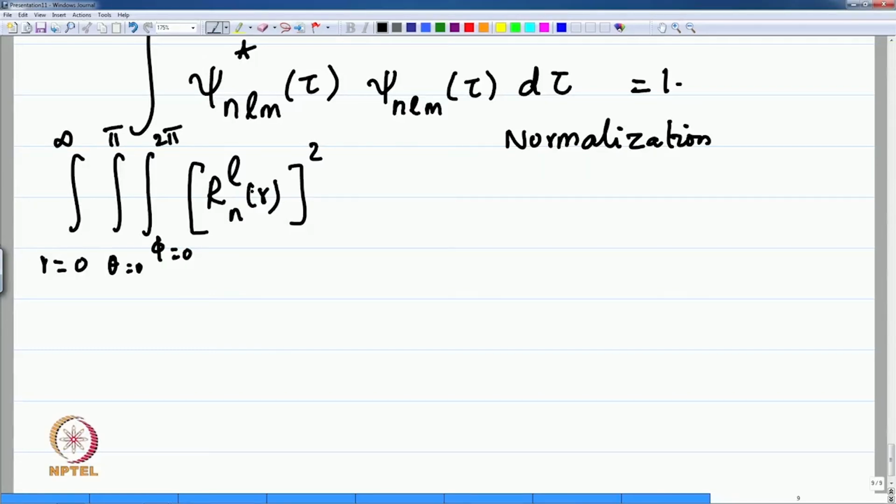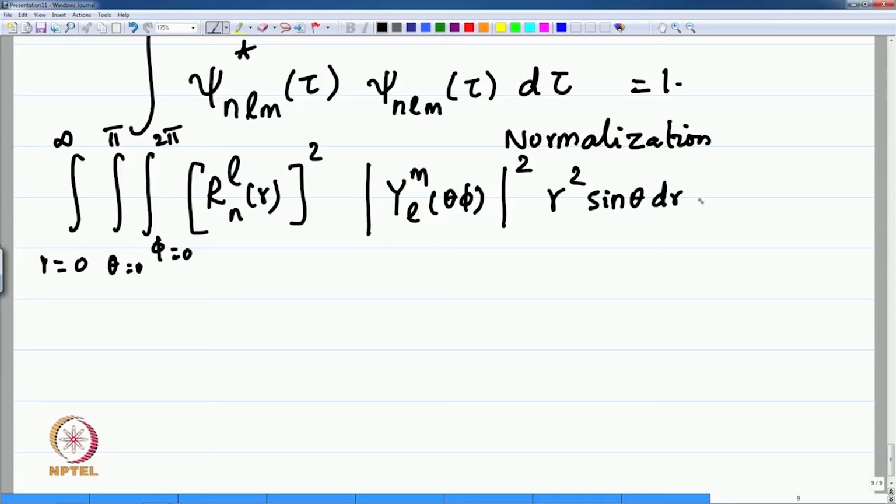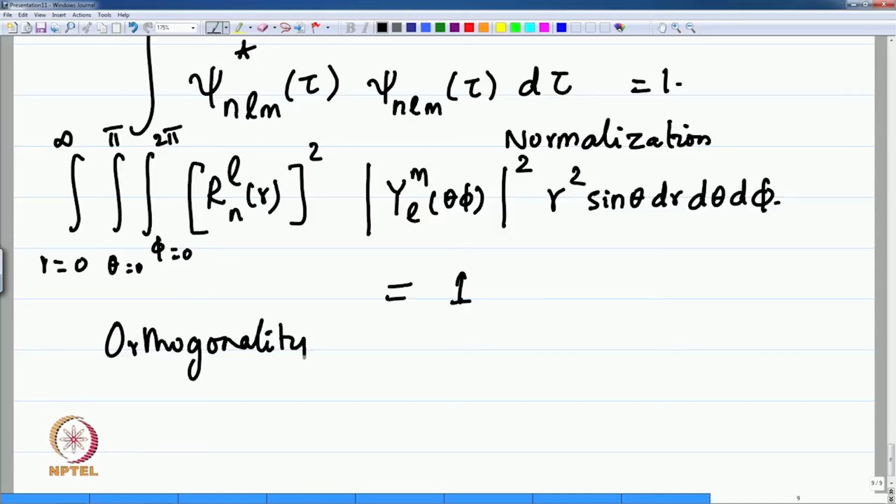You have the radial function squared, you have the absolute value of the spherical harmonics squared, multiplied by d tau, which is r squared sin theta dr d theta d phi. That is equal to 1.